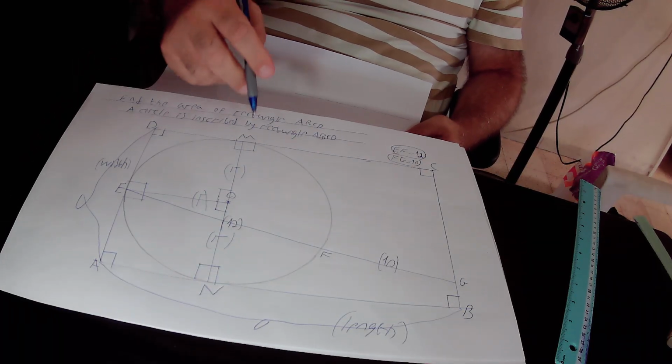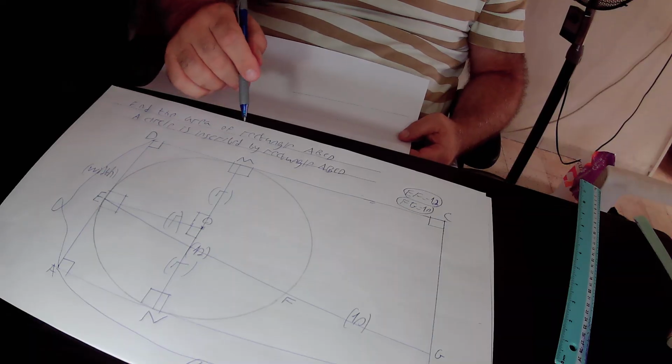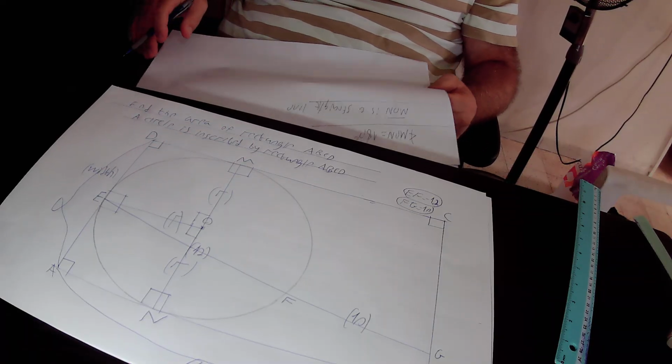If line segment MON is a straight line, then MN is also a straight line.